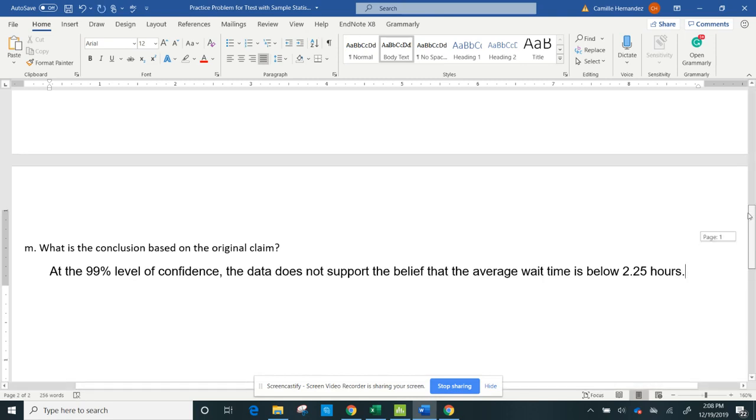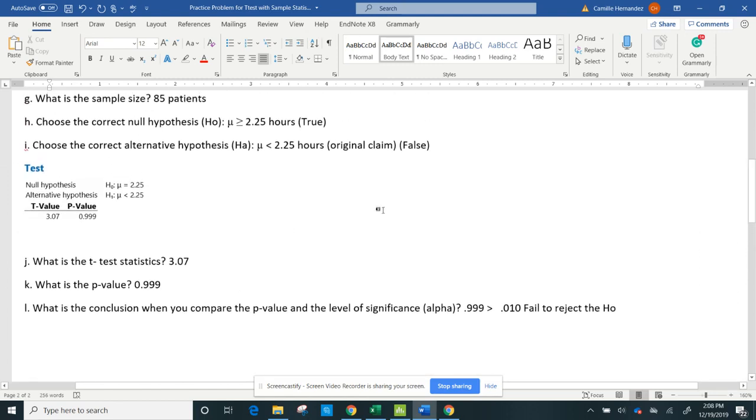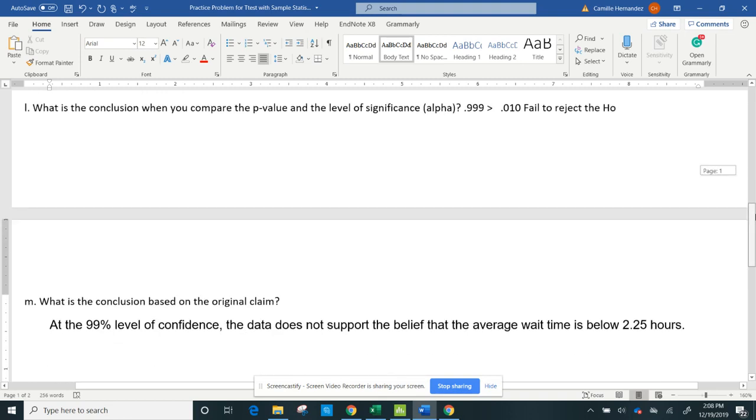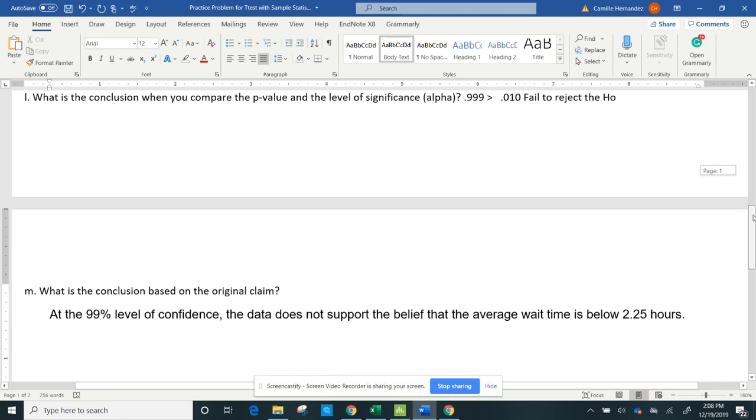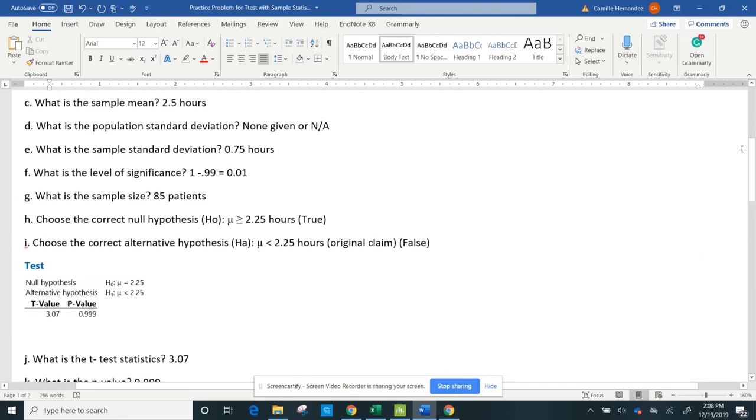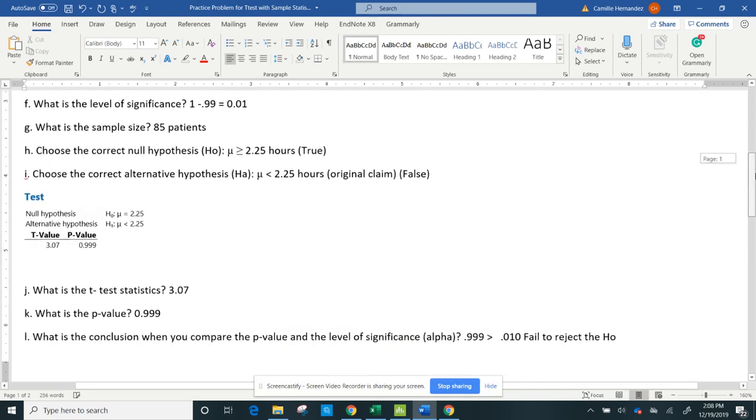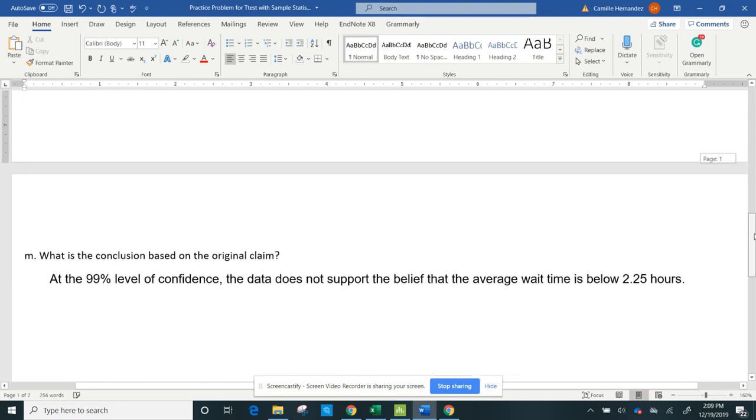Why? Remember, I'm going back up to explain it again. My alternative, which was my original claim, was found to be false. So basically the data didn't support the belief that it was below it. So what it really means is it's either equal to or above. So that's my conclusion. At the 99% level of confidence, the data does not support the belief that the average wait time is below 2.25 hours.